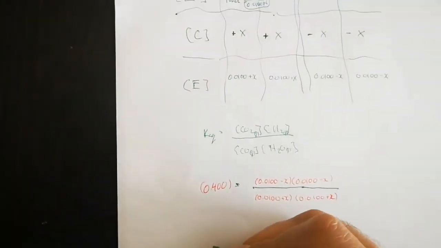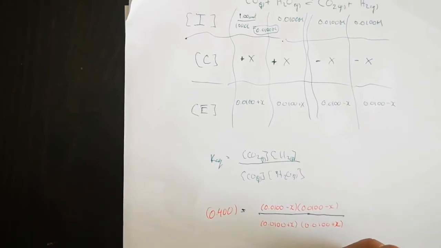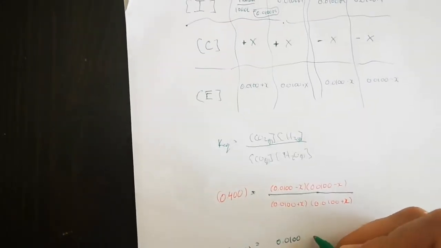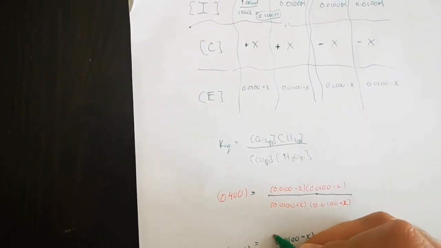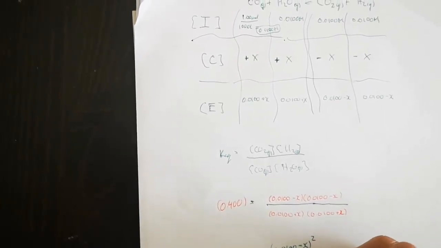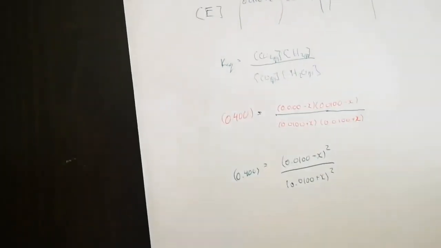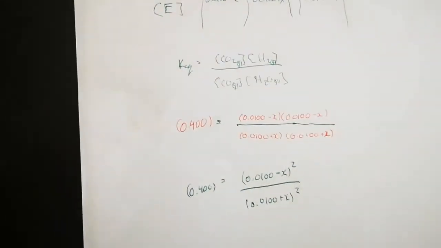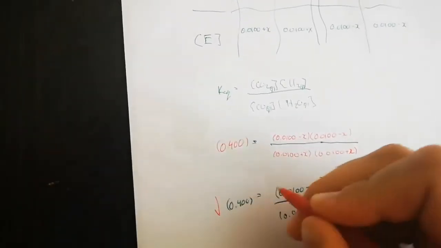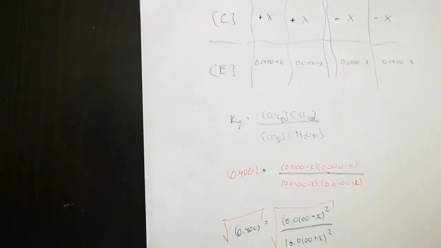Let's try this. We've got 0.400 equals 0.0100 minus X, squared, over 0.0100 plus X, squared. So we'll simplify it. Let's take the square root of both sides.